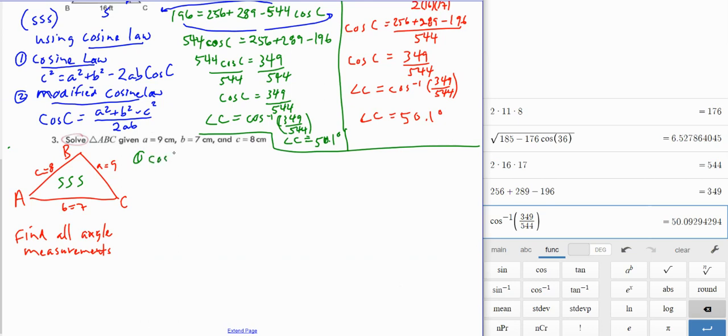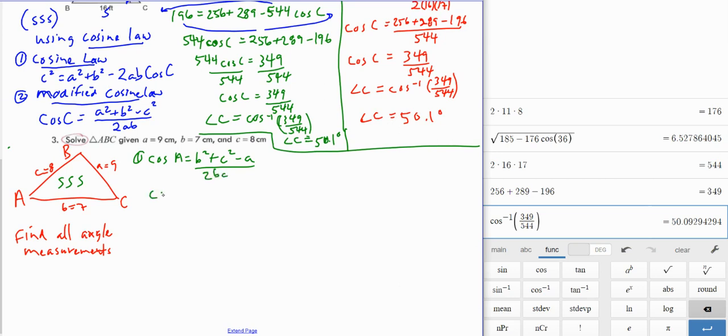Cos, let's start with A, simply because I'm thinking alphabetical. And since we know we need an angle, I'm going to use that same modified one right here, so I have the angle already ready to isolate.